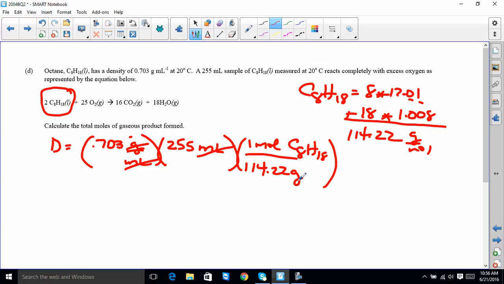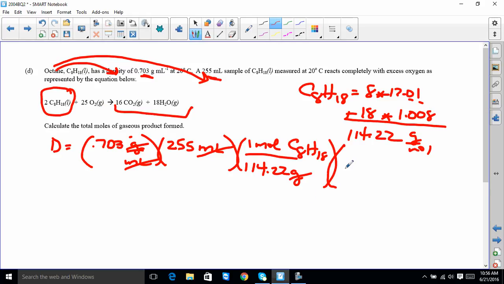Because this is a stoich problem. And why do I know it's a stoich problem? Because you got information about octane, the density of octane and the volume of octane. And they ask about the total moles of gaseous product.